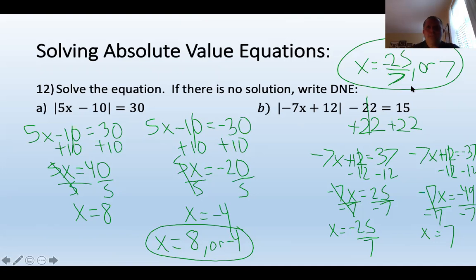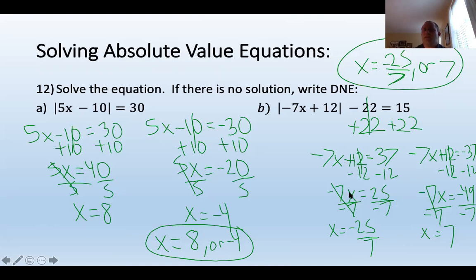Now, you would set negative 7x plus 12 equal to 37, and you'd set negative 7x plus 12 equal to negative 37 as well. And so if we solve each of those for x, for negative 7x plus 12 equals 37, we would want to subtract 12 from each side to cancel the 12 out.